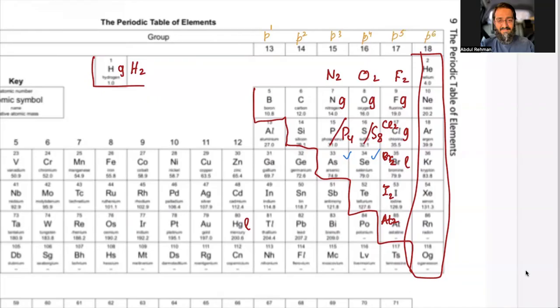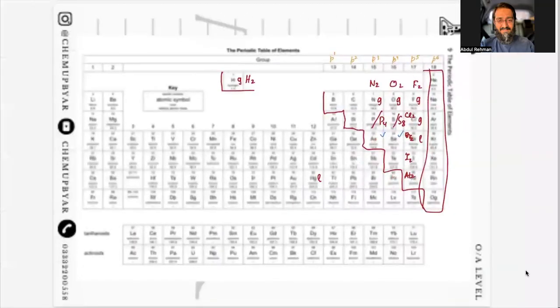For example, if I take this one, I got to know that its outermost subshell is going to be p, and it has 4 electrons. If I count the rows, 1, 2, 3, 4, 5, it is going to be 5p4. Is this clear? Yes, Arham and Mariam? Yes, sir.